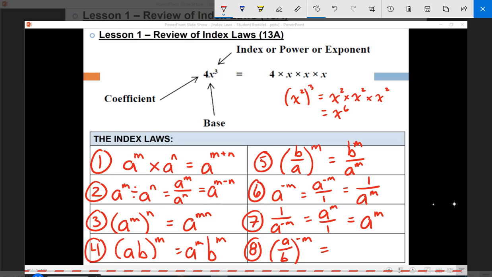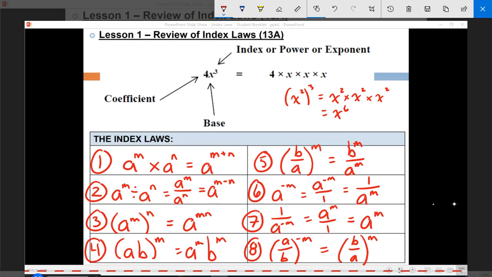B over a to the m. Now the reason I can do that, guys, is if I distribute that negative m through, it would be a to the negative m over b to the negative m. Then we can just swap the two, because we can move them, the one up and the one down. They both become positives, and I can factor that m out.